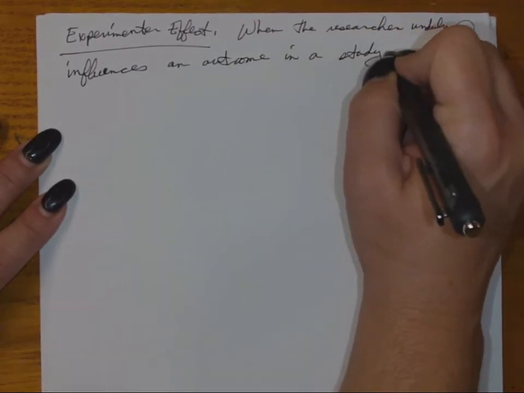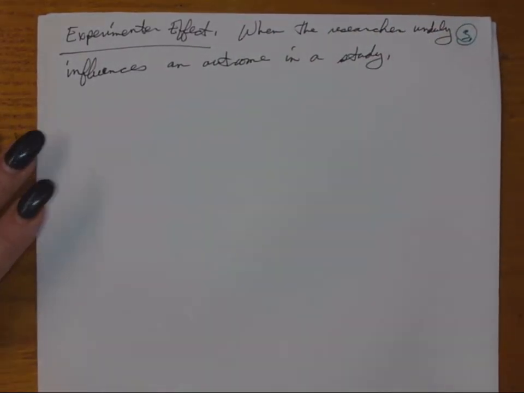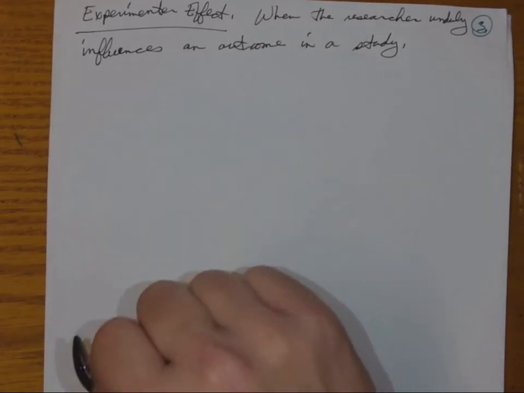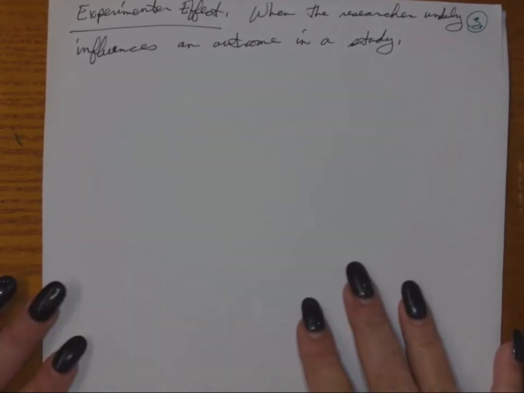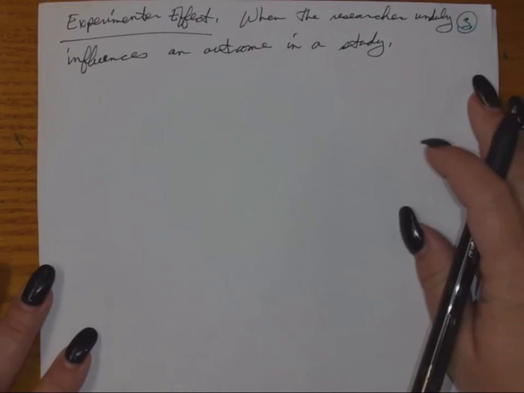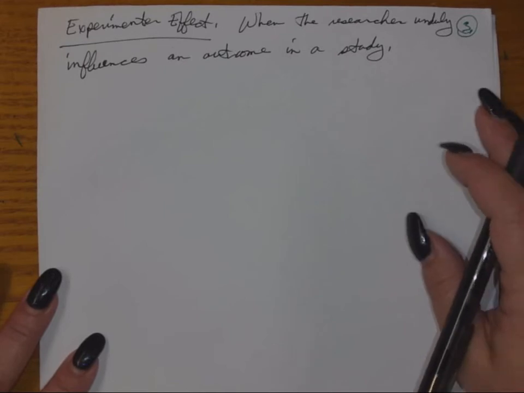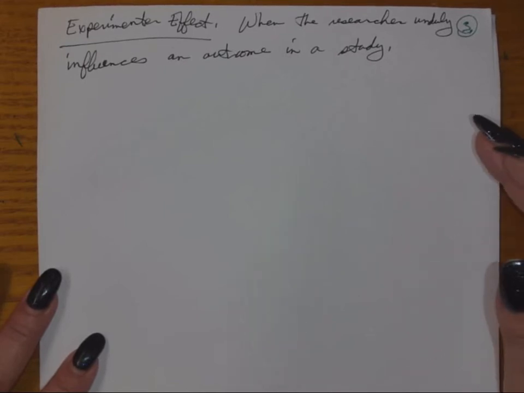Or if I know that this kid took the placebo, and so they shouldn't feel better, and I walk into the room and I go, oh, you still feel bad, don't you? And I shake my head side to side. Then maybe they'll say, oh, yeah, I do kind of feel bad. You know, I'm kind of sad or this or that. So I can influence some of the outcomes there. So I need to watch out for that.